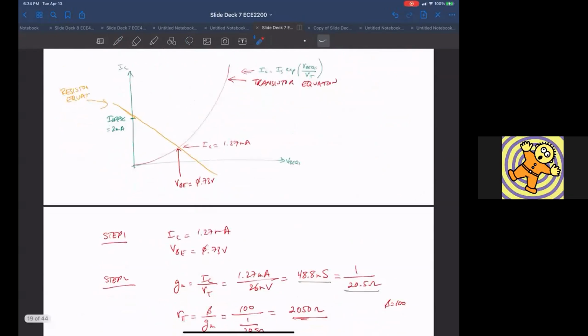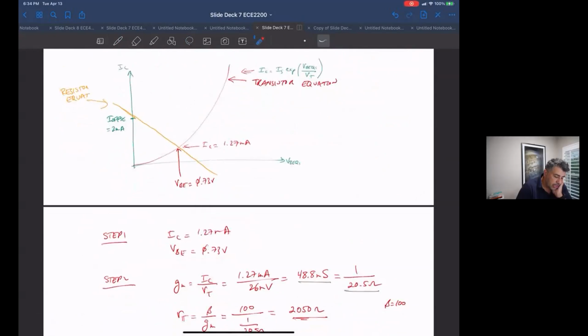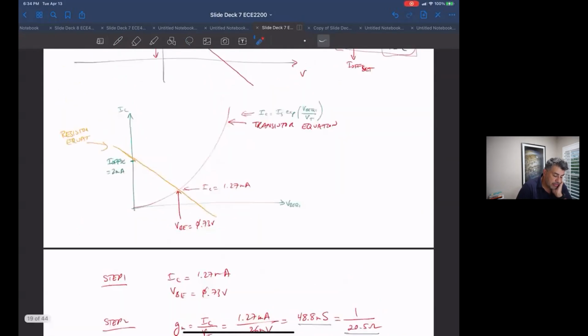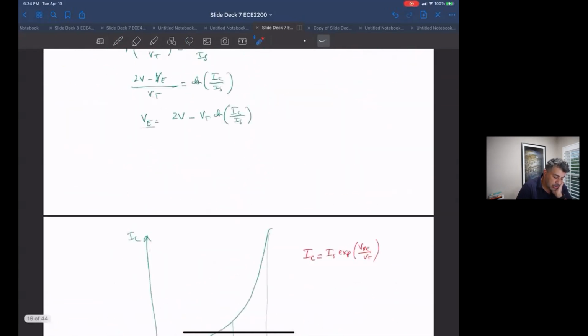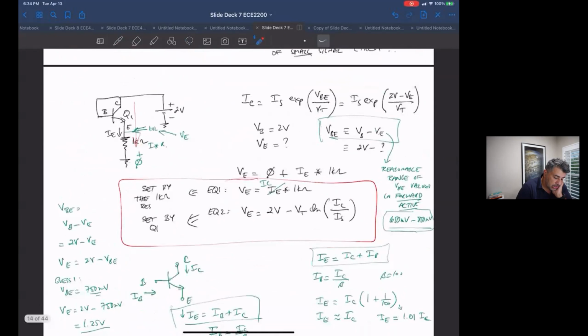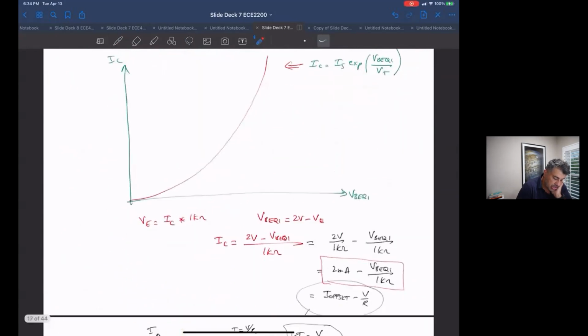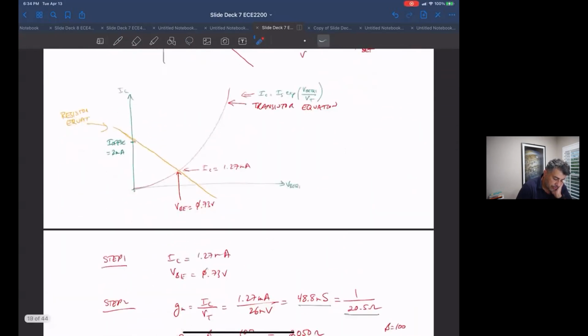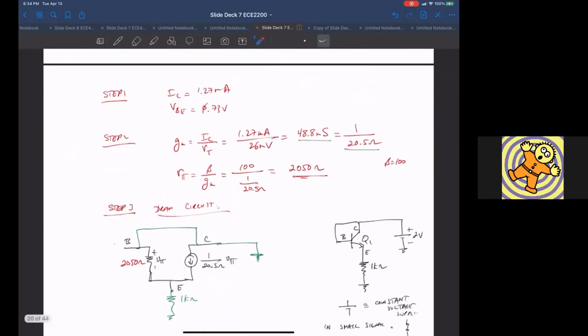So we calculated. Oh, okay. So from either the iterative procedure or the graphical procedure, we solved these 2 equations and 2 unknowns to come up with IC and VBE, and we just really ended up using IC. Okay. Yeah.